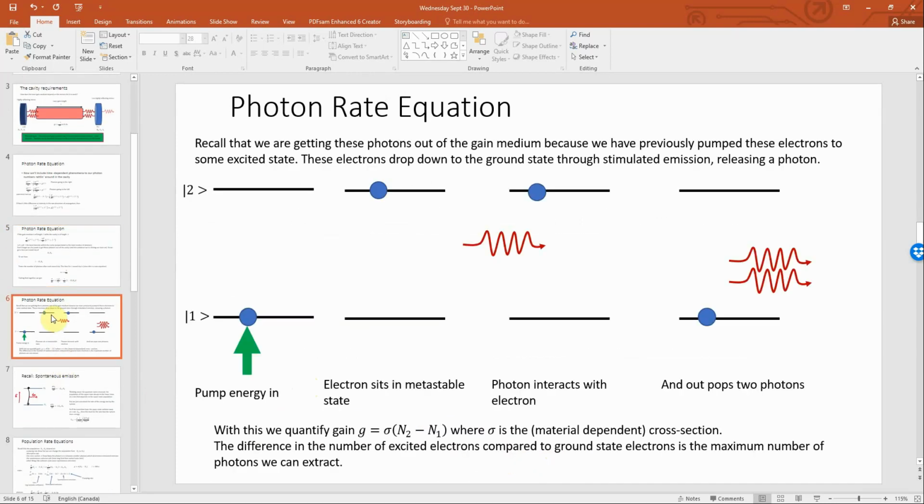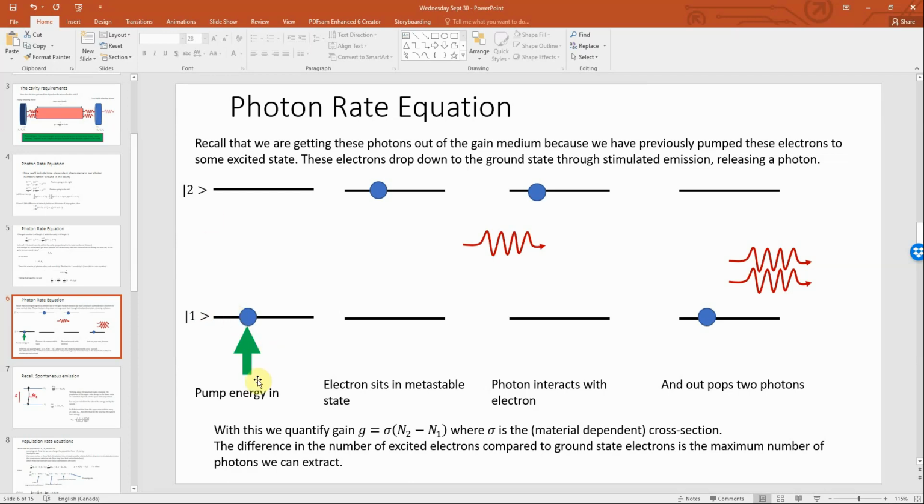So we've been talking about the intensity, which is of course related to the number of photons, but this is going to be related to the number of excited states as well. So we also need to relate these photons to the number of excited states that are happening within this cavity.